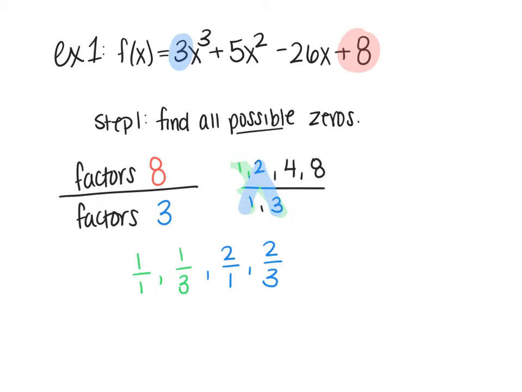And then you'll do the same thing with 4: 4 over 1, 4 over 3. And then you'll have the last one, 8 over 1, 8 over 3.